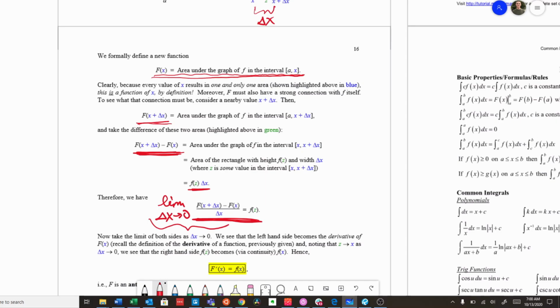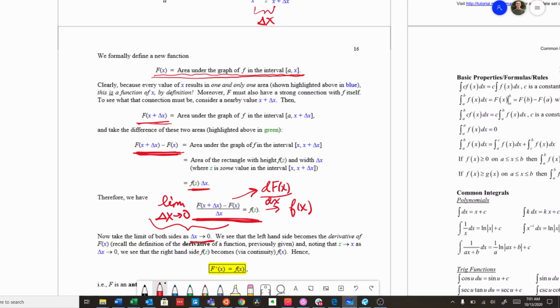And since z was between x and x plus delta x, if I take the limit as delta x goes to 0, the right-hand side here is just f of x, right? And this here, this is the formal definition of a limit of capital F of x. Sorry, the formal definition of a derivative, right?